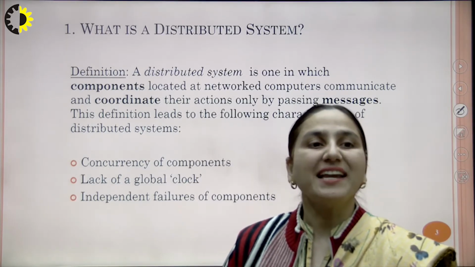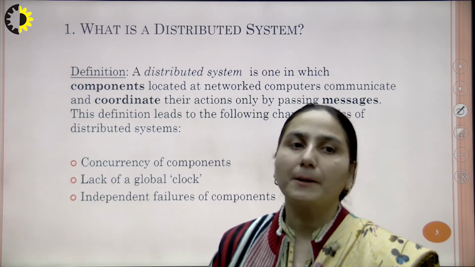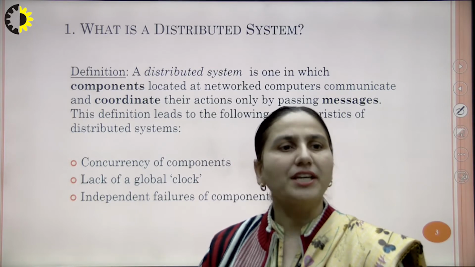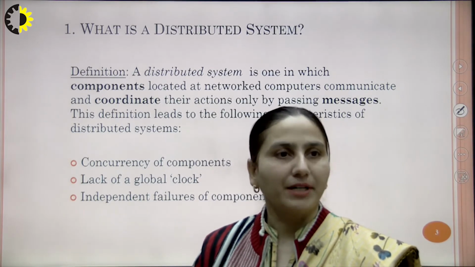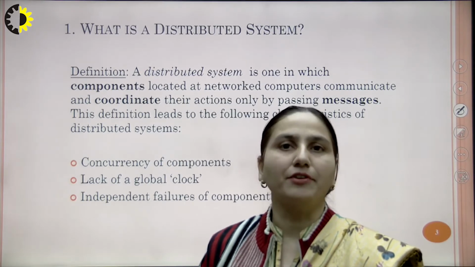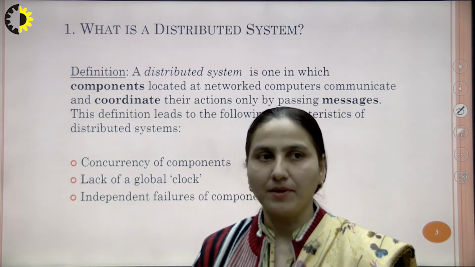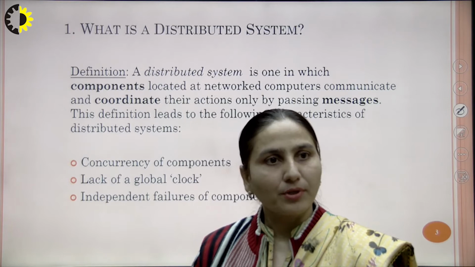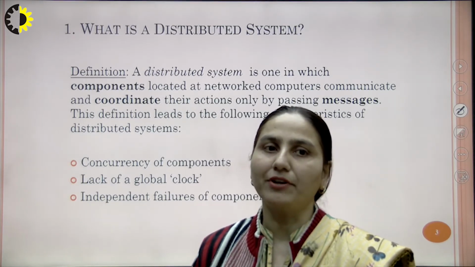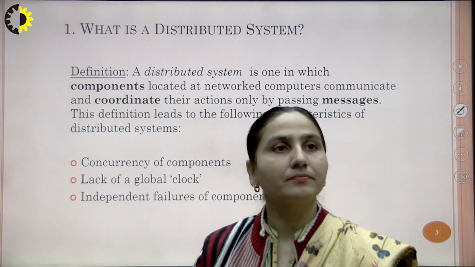Third is the independent failure of components. The components are located at network locations, so a particular component can fail independently. So, these are the three characteristics as per the definition: concurrency of components, the lack of a global clock, and lastly the independent failure of components.